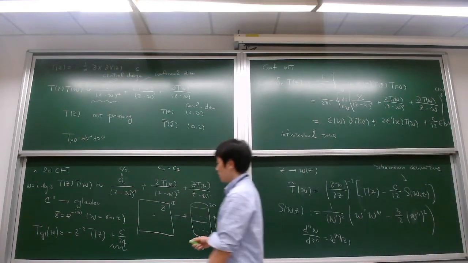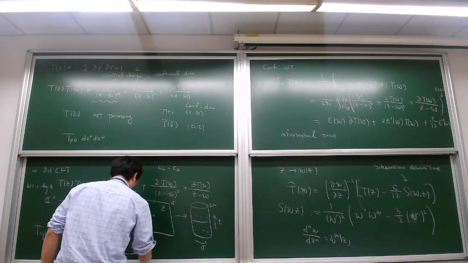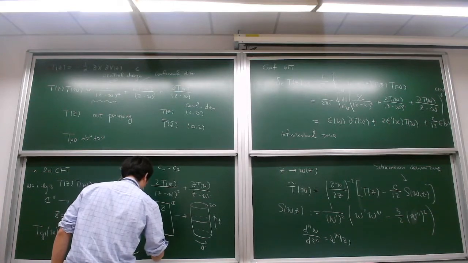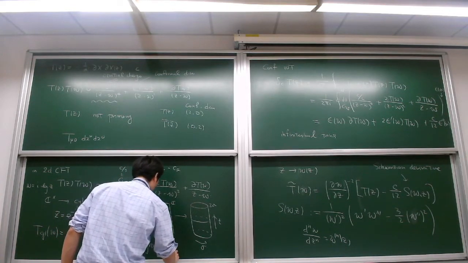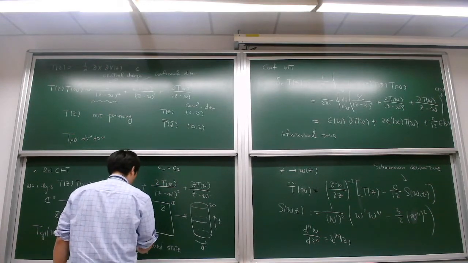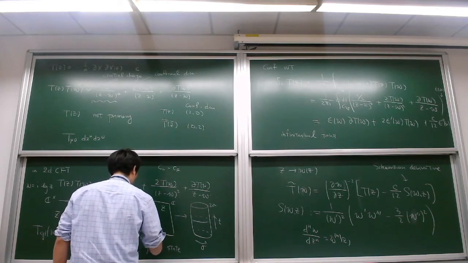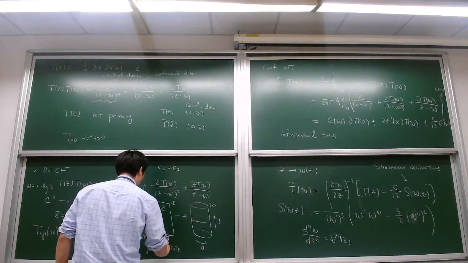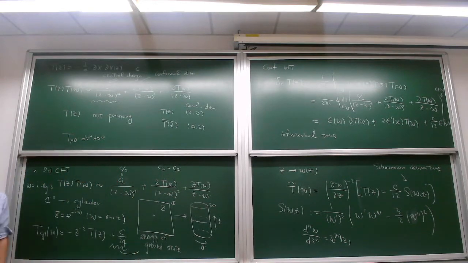So this will give you the ground state energy, or Casimir energy, of the ground state of the CFT. So I will explain why you get this.